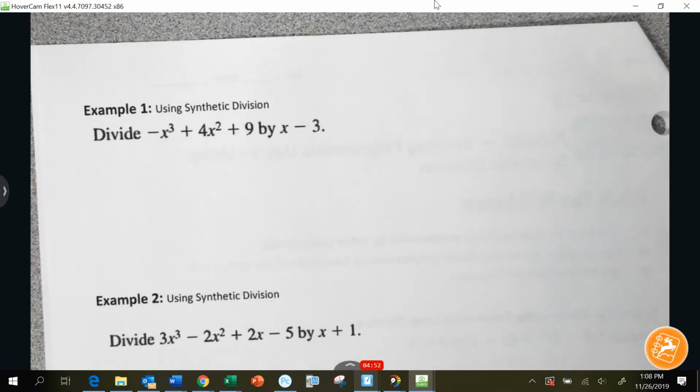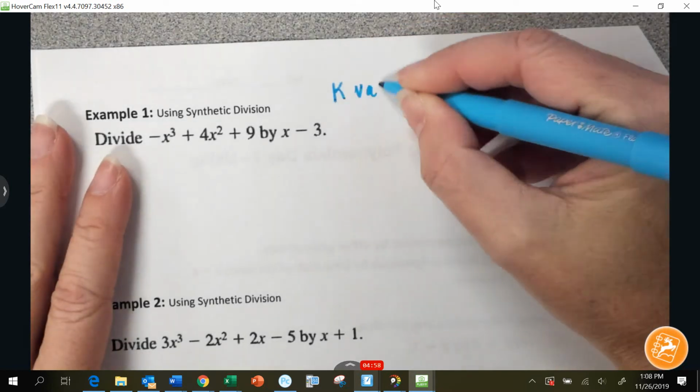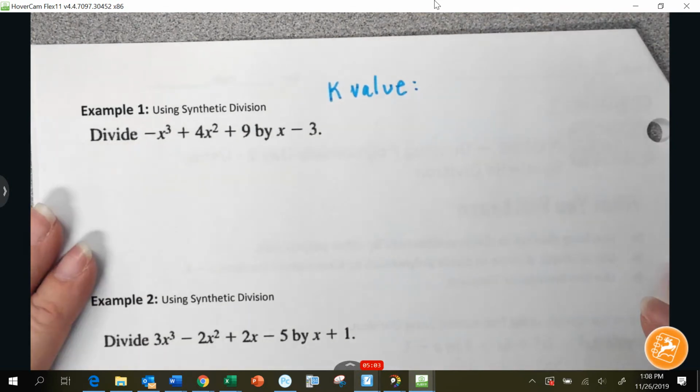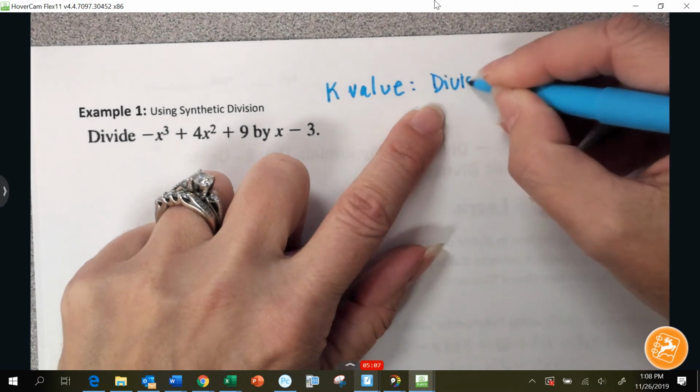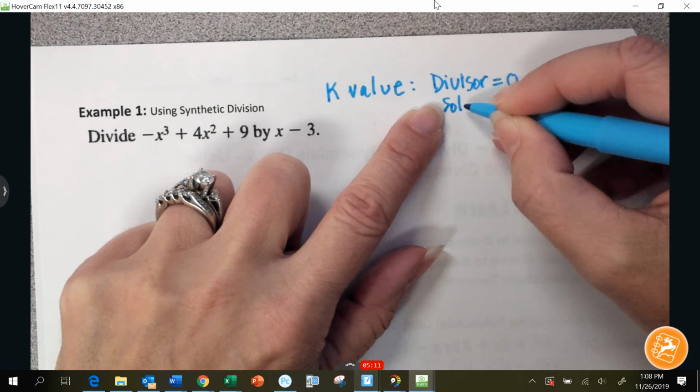Okay? The first thing we're going to do is find something called the k value. To find the k value, I'm going to take the divisor, and I'm going to set it equal to 0, and I'm going to solve for x.